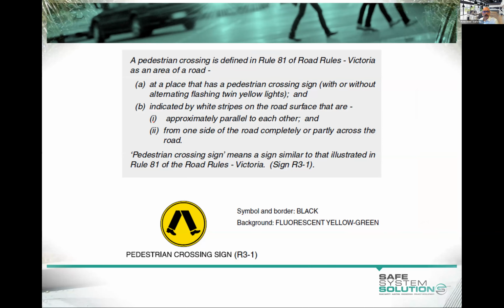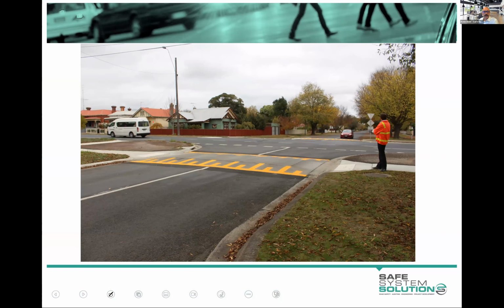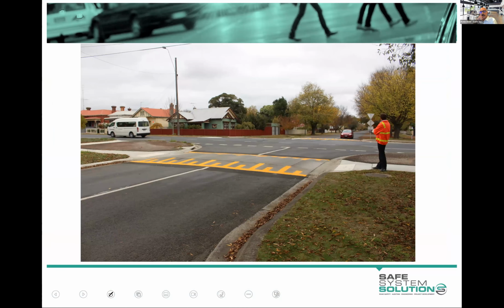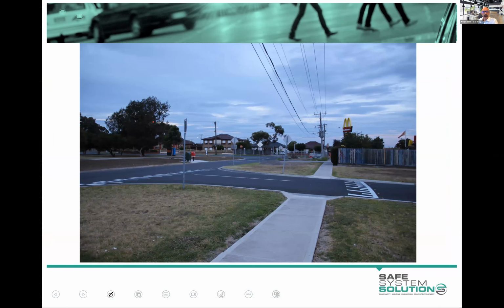Now let me jump back a little bit, because we do sometimes create a little bit of confusion for pedestrians with things that kind of look like pedestrian crossings, and the pedestrians may feel they have priority, like this one. And I think it's not that bad. I like a threshold treatment. I think it's good. Pedestrians technically have priority for half of this, but anyway, don't worry about that.